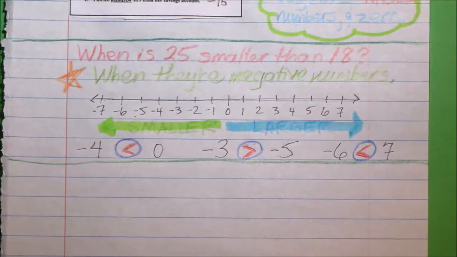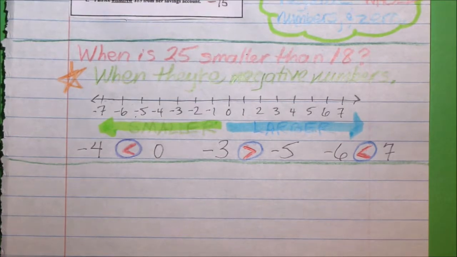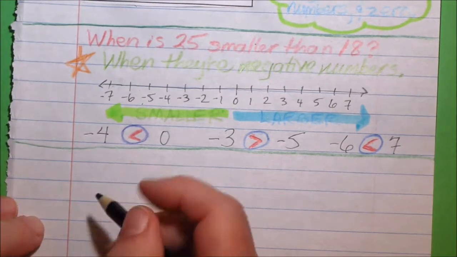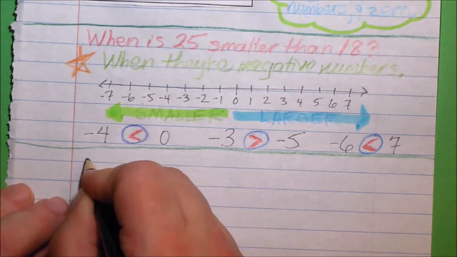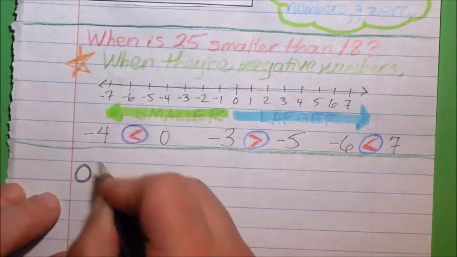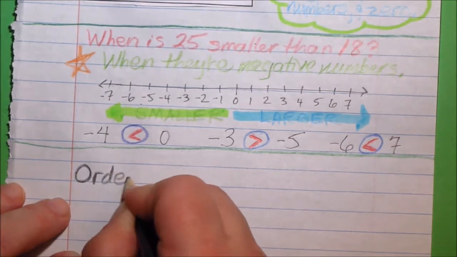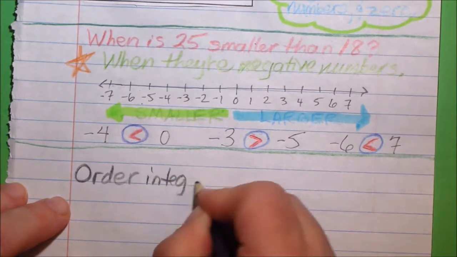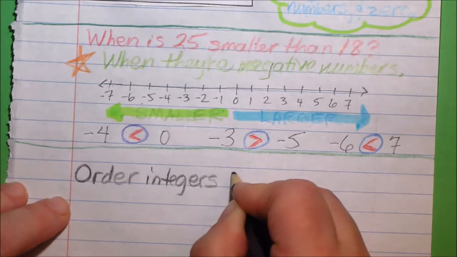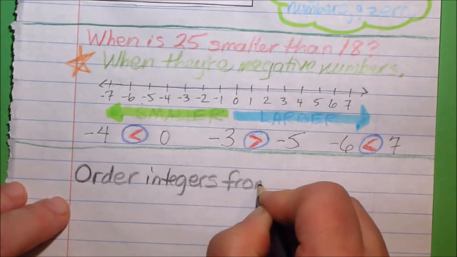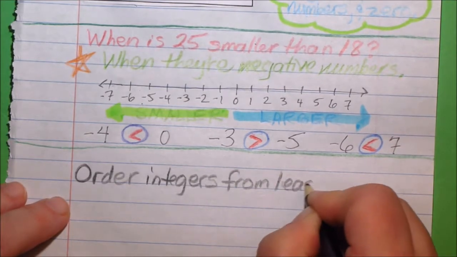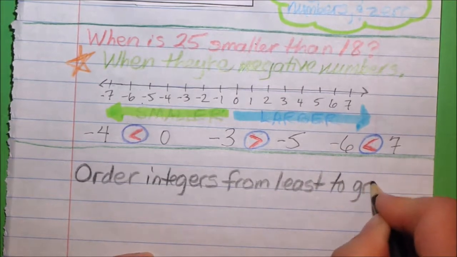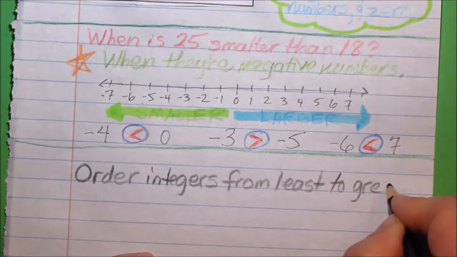Now we're going to talk about putting a list of integers in order from least to greatest. So, order integers from least, that means smallest, to greatest, that means largest.